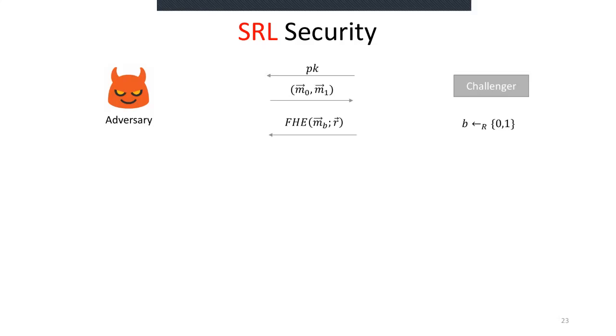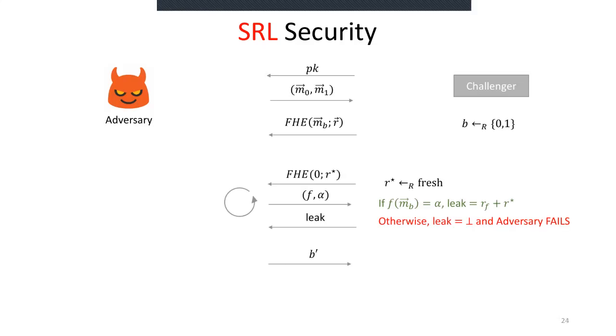Remember, this is actually a concatenation of many encryptions of many bits. And then the most interesting part is the randomness leakage, which is obtained by querying an oracle. First, when queried, the oracle samples the randomness R star and sends to the adversary an FHE encryption of 0 under this randomness R star, upon which the adversary chooses a function f and a prediction alpha.